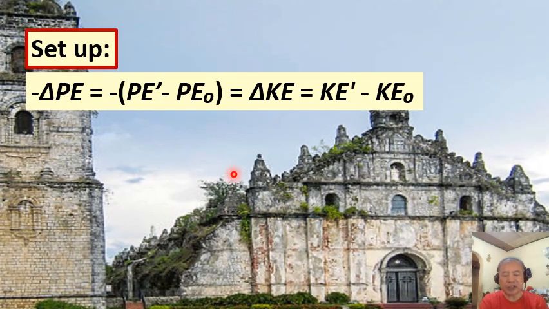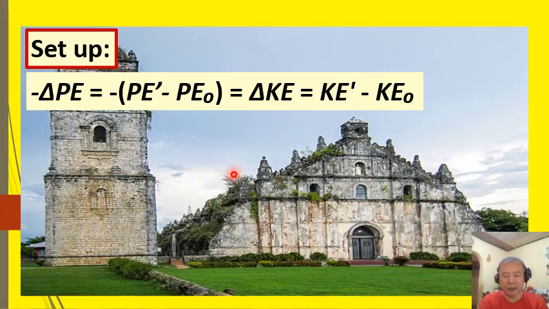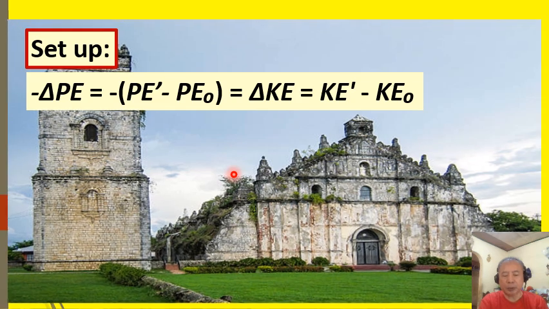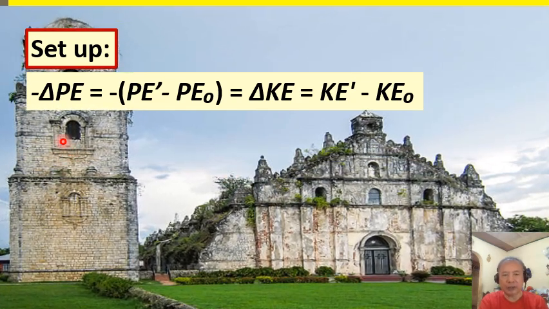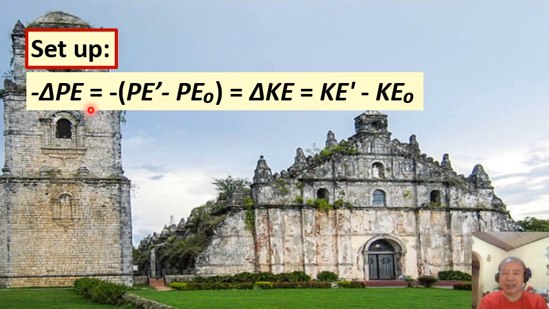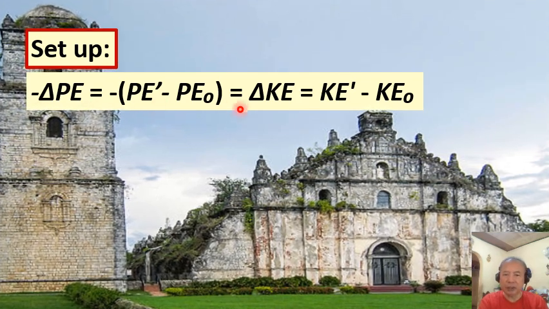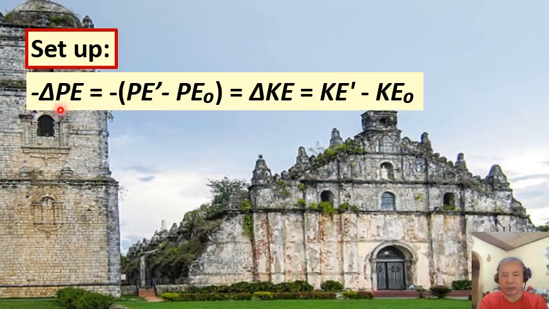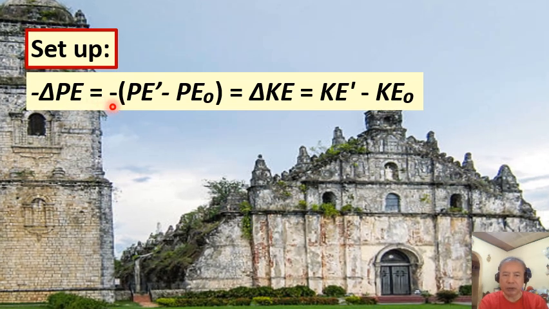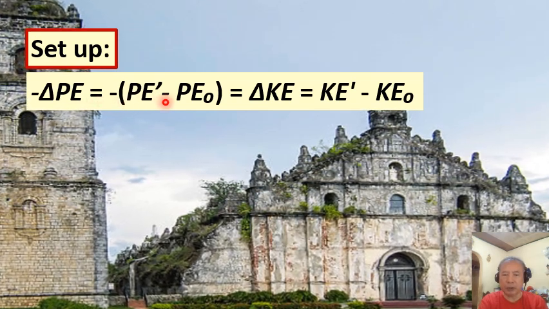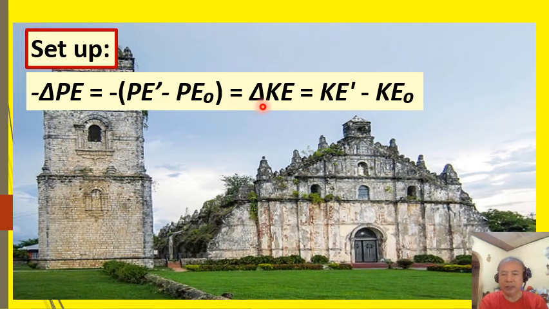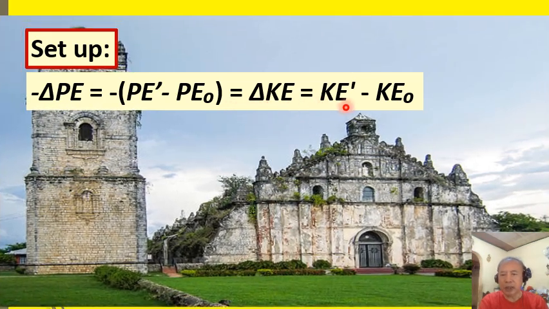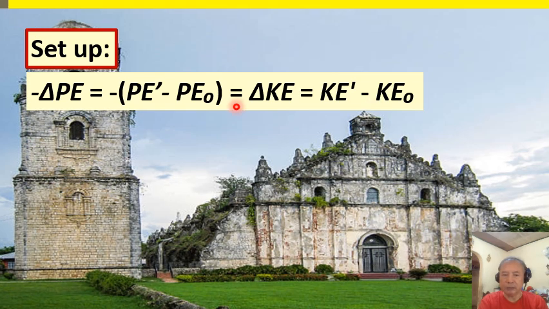But as the spheres move toward each other, it will be transformed into kinetic energy as represented here by this equation. So negative delta PE is equal to negative quantity PE prime minus PE naught, which is equal to delta KE equals KE prime minus KE naught.